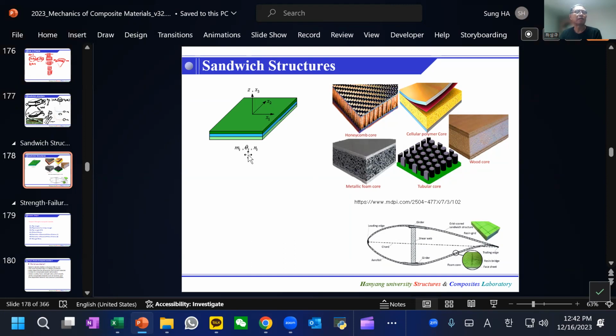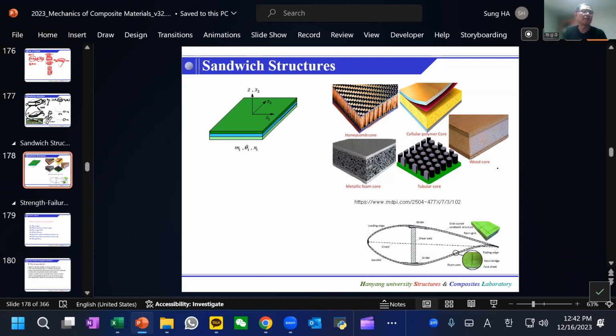So theta is not so important, but the thickness of a core is very critical. So today we would like to go through the behavior of the sandwich structures, and using CLT, what kind of behavior we can have. That is the one subject I would like to cover.